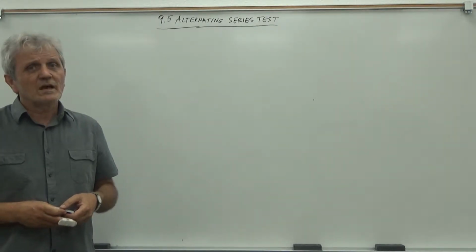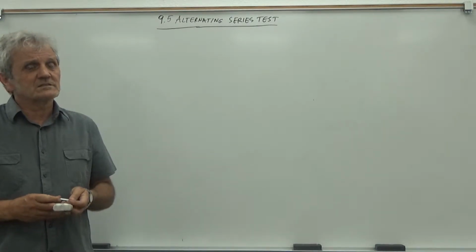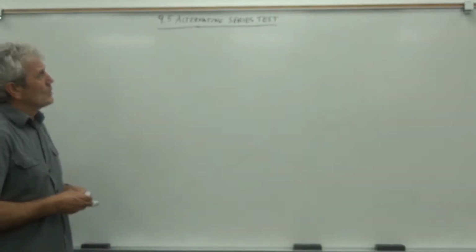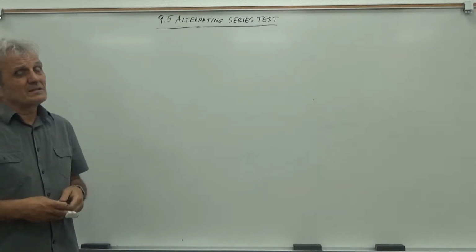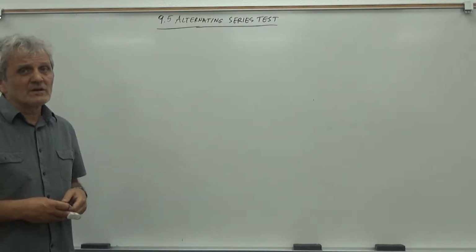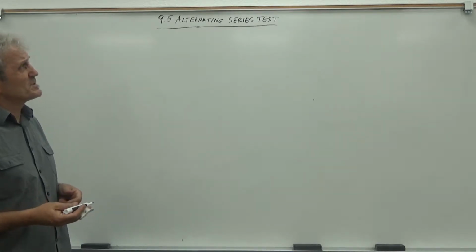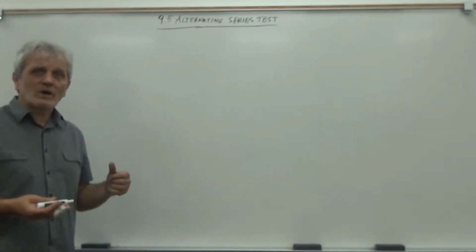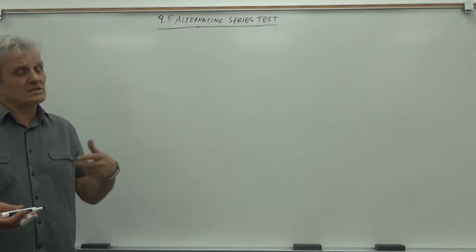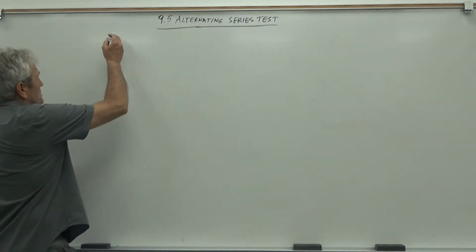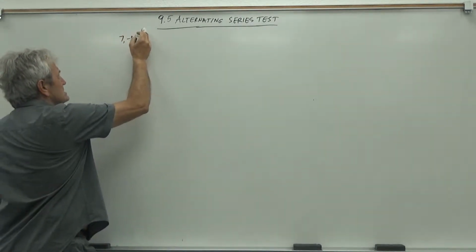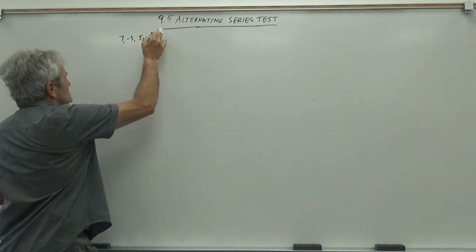This is the first time we'll analyze series where the members might be positive as well as negative, although in a very special way, when the members alternate: one positive, one negative, or the other way around. So for example, 7 minus 3, 5, negative 2.